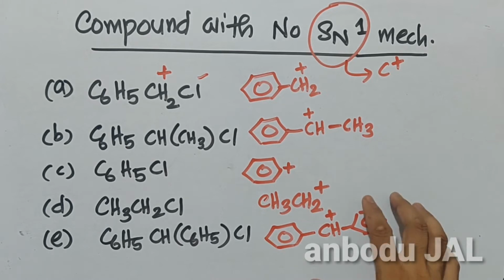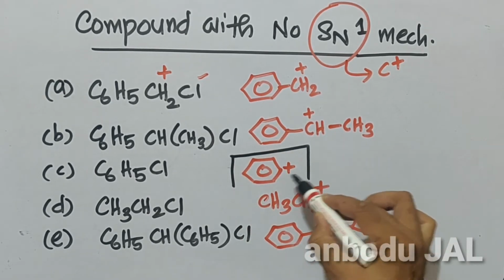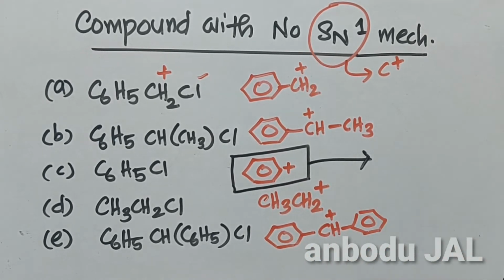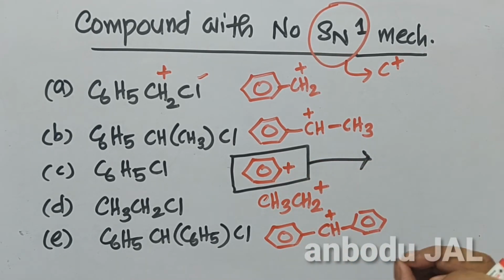Which carbocation is least stable here? It is very important. The very less stable carbocation is the phenyl carbocation. That is, in the benzene ring, there is electron deficiency in one carbon, which will affect its resonance badly.